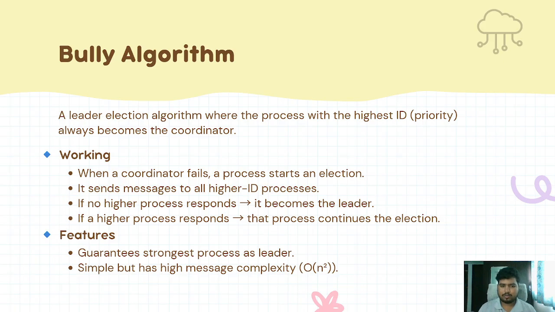If no higher ID process responds, then the initiator process becomes the leader. If a higher ID process responds, then that higher ID process continues the election further. The bully algorithm guarantees the strongest process as the leader. It is a simple algorithm but has high message complexity, that is order of n square.